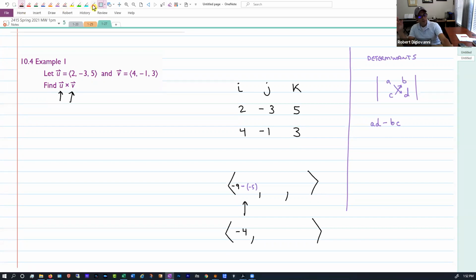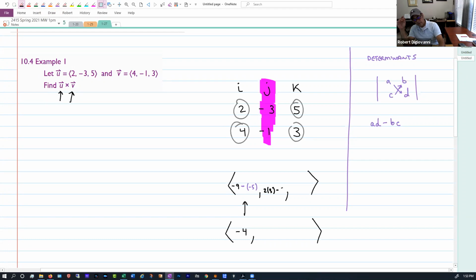Instead of covering up the first column, we cover up the second column. And we do the determinant on these 4 numbers. All right, so let's do that. It's 2 times 3, right? Then minus 5 times 4.